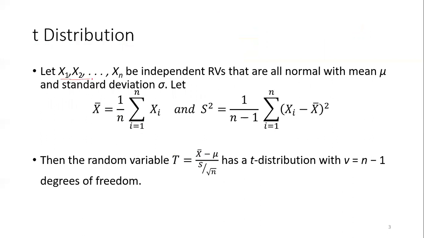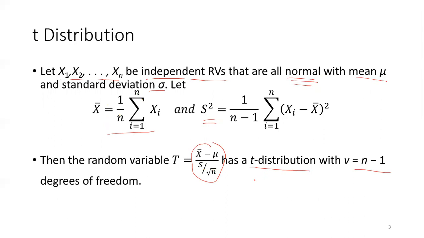If X1, ..., Xn are independent random variables that are all normal, this is important, all normal with mean mu and standard deviation sigma, and let's define x bar as the sample mean and s squared as the sample variance, then x bar minus mu divided by s divided by root n is a t distribution with v equal to n minus 1 degrees of freedom.